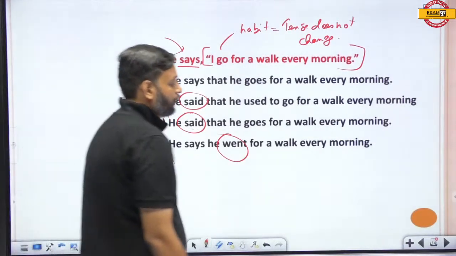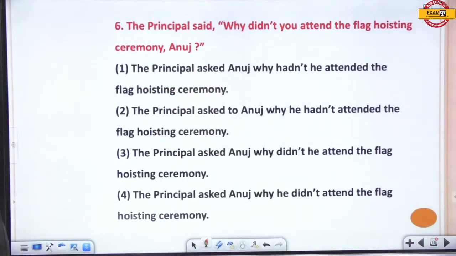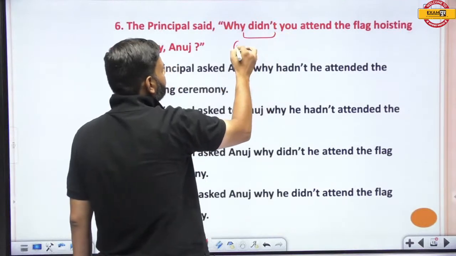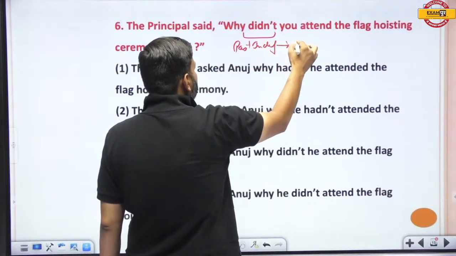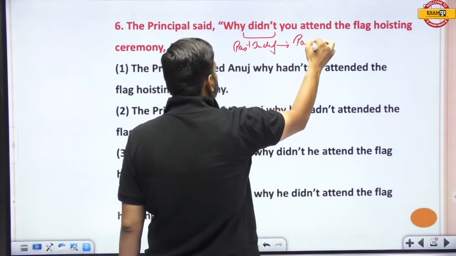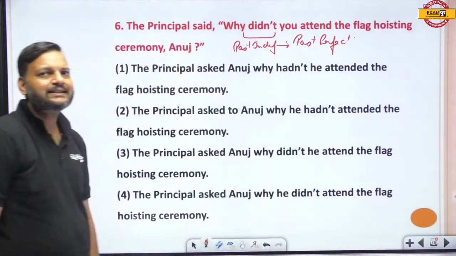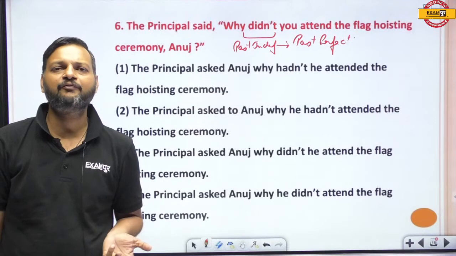Okay. Now question number 6. The principal said, why didn't you attend the flag hoisting ceremony, Anuj? Now here we have past indefinite tense, and in indirect you have to look for past perfect. Okay. While changing a past indefinite into indirect, you have to look for the past perfect tense.